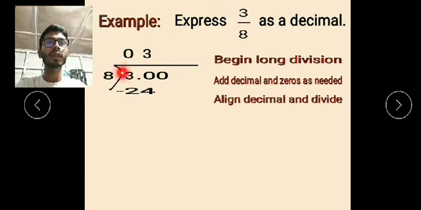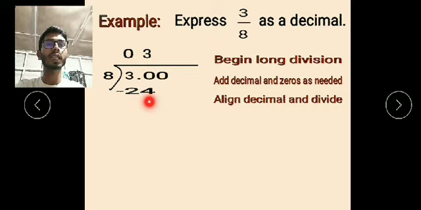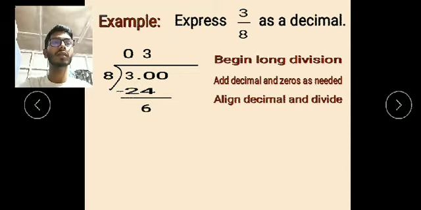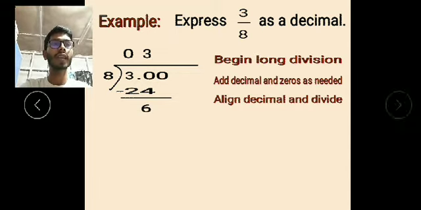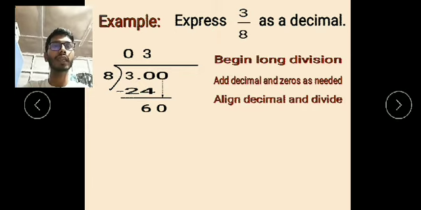Now what you can see, 8 3s are 24. 30 minus 24 is 6, and then a 0 will be appended, so you will get 60. Now again 8 7s are 56, so the remainder is again 4.